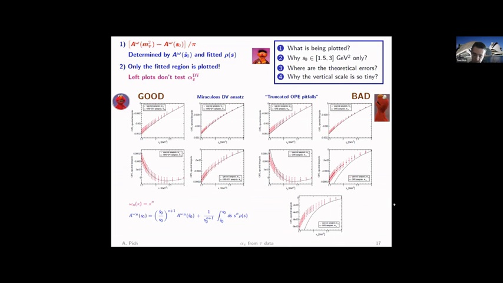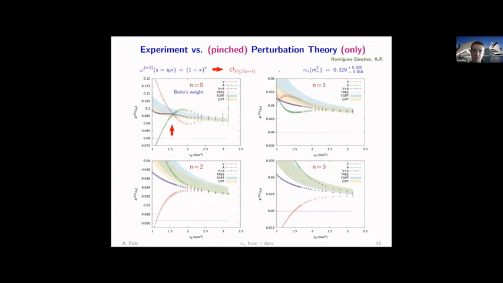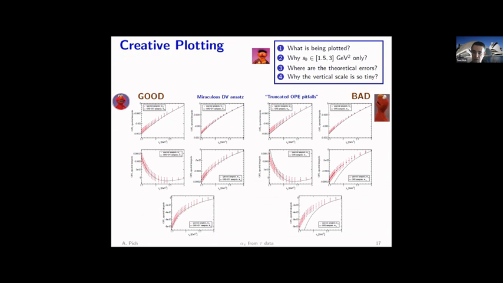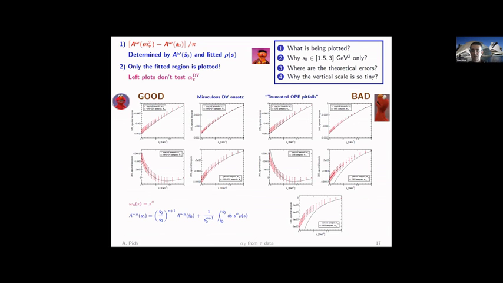In the right plots, you can ask where are the errors. Remember, here, the errors are just pure perturbative errors, but they are there. And look at the scales, and look at the size of the errors. Look here at the scales. Okay, the scales are much smaller. It's clear that the perturbative errors are much larger than what is shown here.